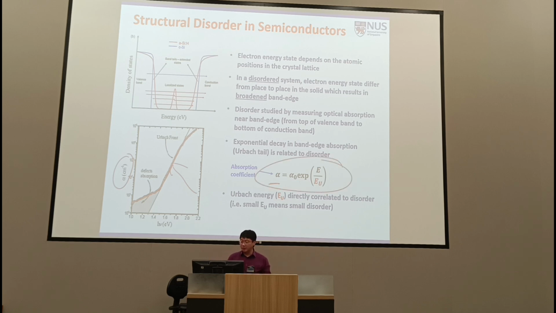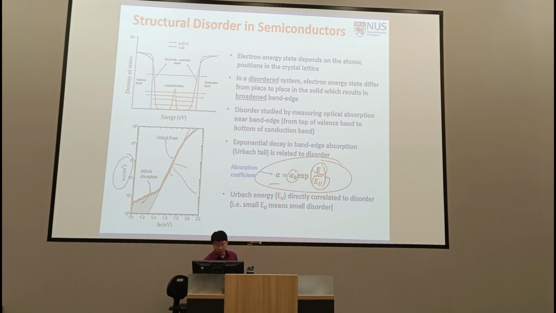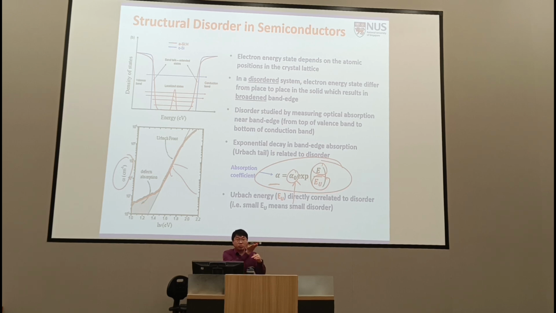It is expressed by this equation here: absorption coefficient alpha equals alpha naught e to the power of E over EU. Okay, for you it might be a bit confusing, so let me explain term by term. This alpha naught is just a fitting constant, so we don't care about that. Exponential function, you all know, right? Typically, your absorption curve is an exponential function.